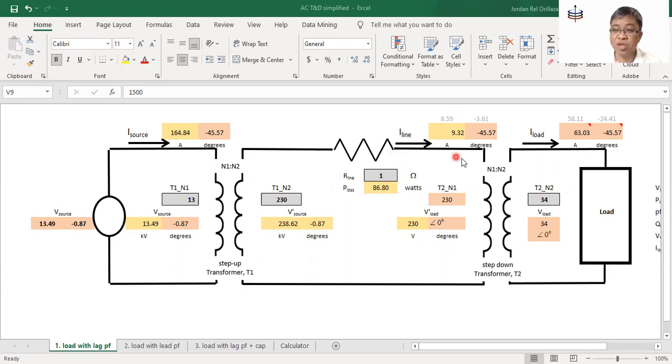At the end of the transmission line is another substation where we step down the voltage, and from the step-down voltage we connect the load. So typical power flow goes from the generator up the transformer, through the transmission line, down to the step-down transformer, and then to the load.